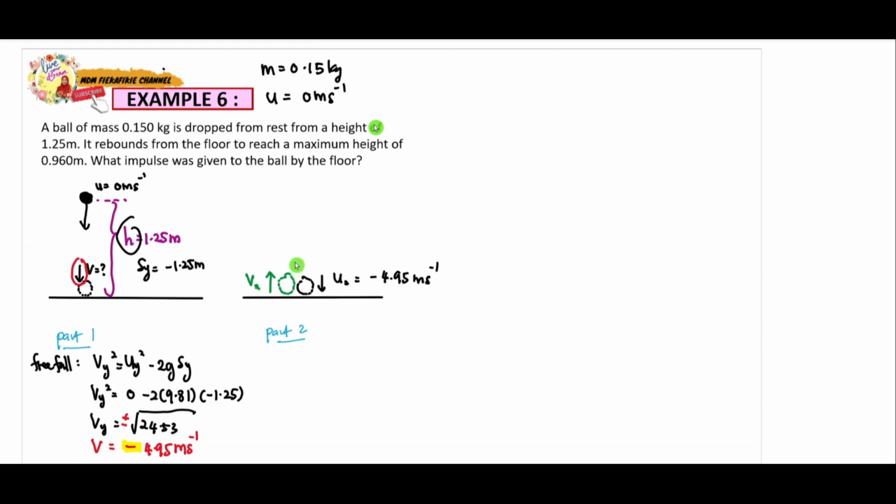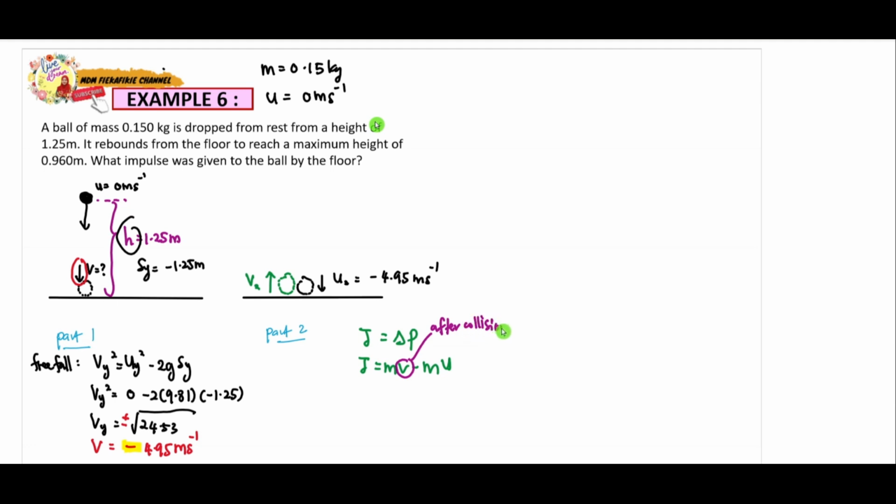Alright. So, kita nak cari impulse. What is impulse given to the ball by the floor. So, kita nak guna equation apa untuk cari impulse? Jadi, untuk cari impulse, kita nak guna formula the change of momentum. Okay, tengok sini. So, J equal to mv minus mu. So, now, V here is the velocity after collision.